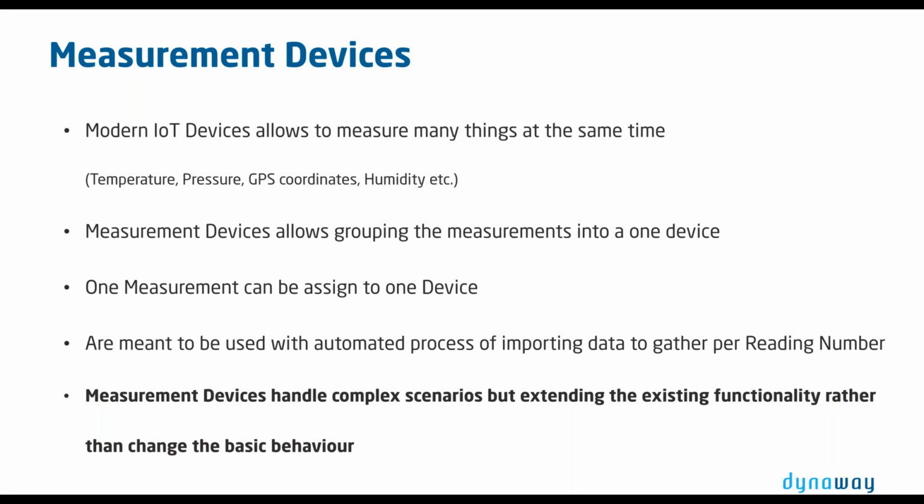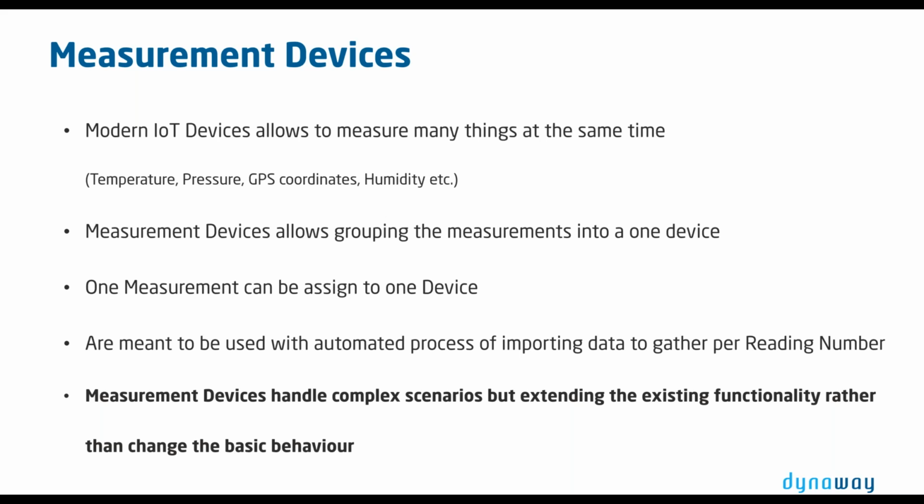So you can see it's already five different measurements for one device. So that allows us grouping. The second is that the same measurement cannot be in two different devices. So we block it, and you can have one measurement added to one device, but a device can have many measurements.